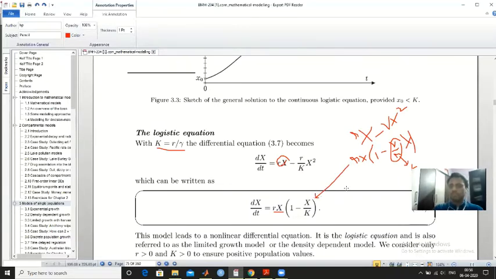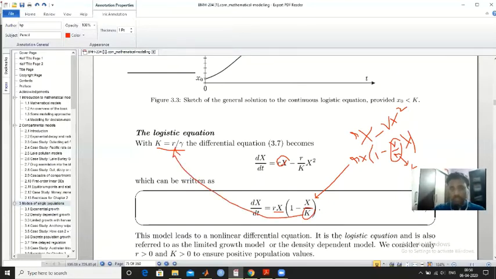So the previous equation can be written in this format, where capital K is R by gamma, so it will become 1 by gamma over R. So K is given as this.